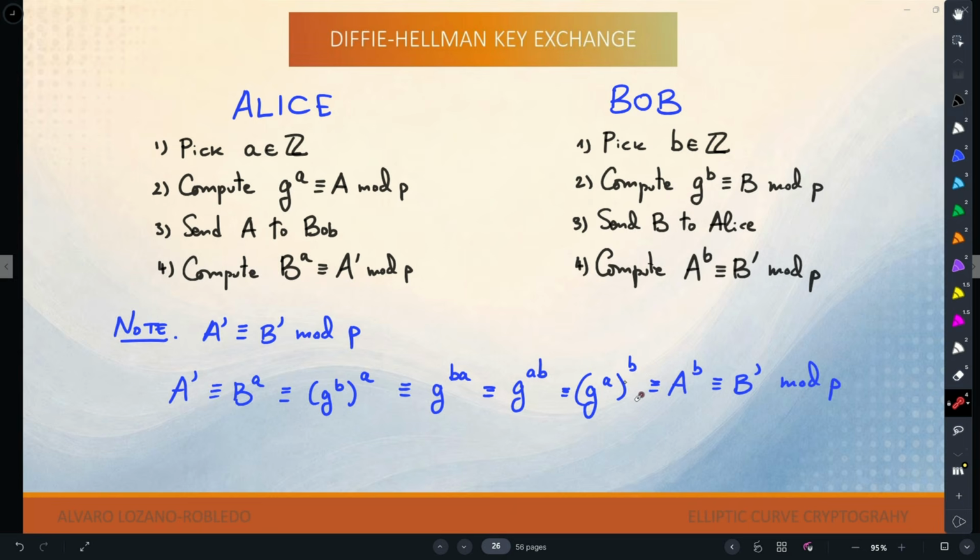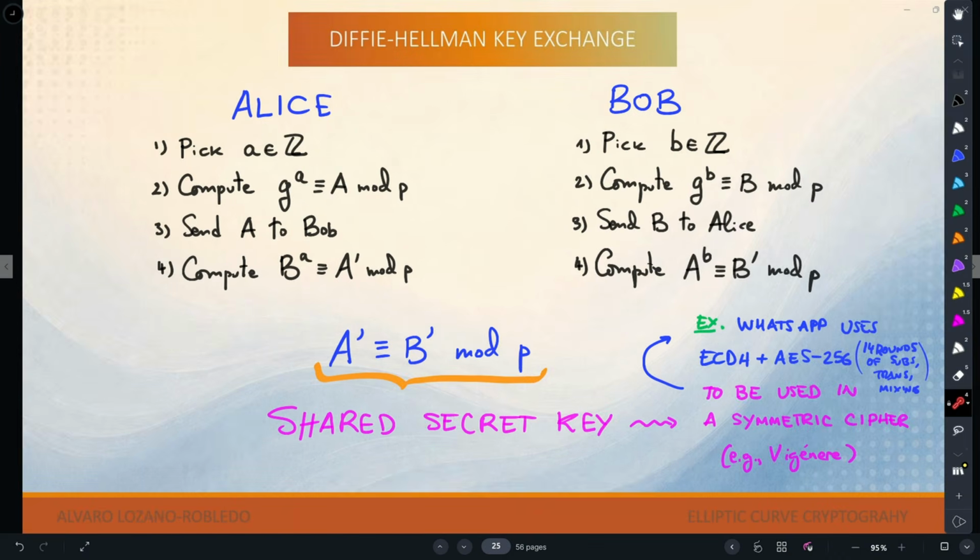And that's g to the a to the b, which is A to the b, which is B prime. So they share this secret, but each one of them is able to compute it only because they have their own key, and nobody else is able to compute this A prime and B prime. So that is their shared secret.